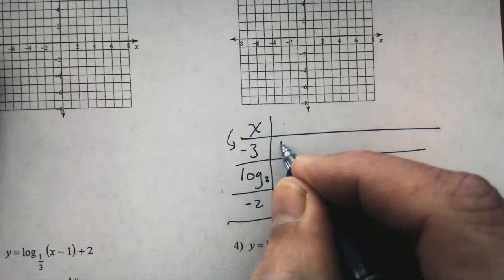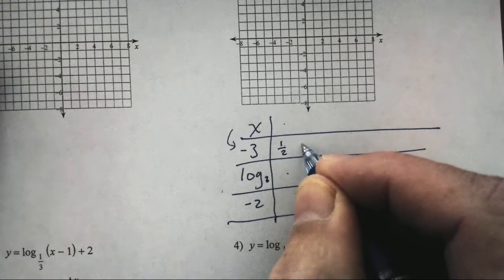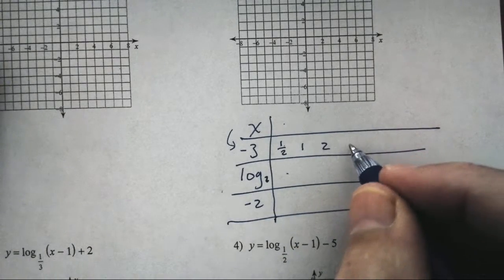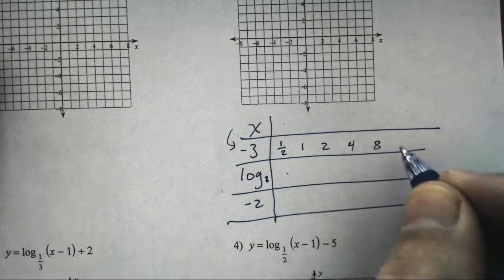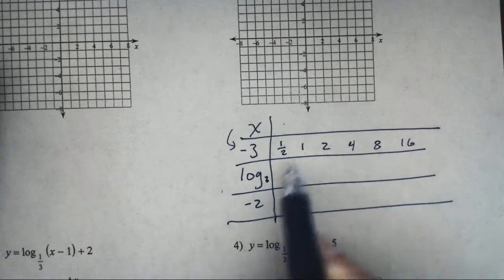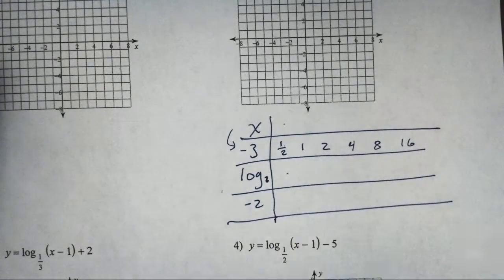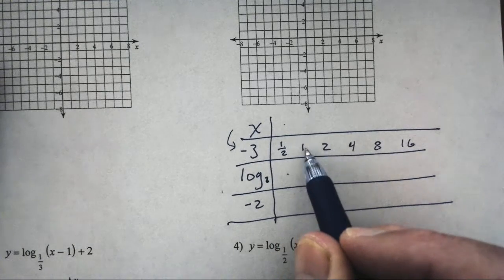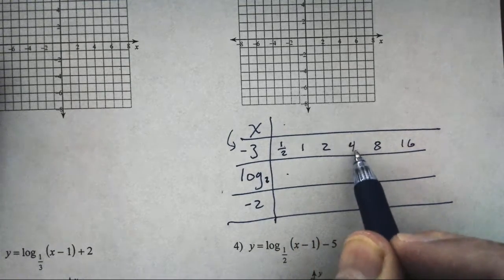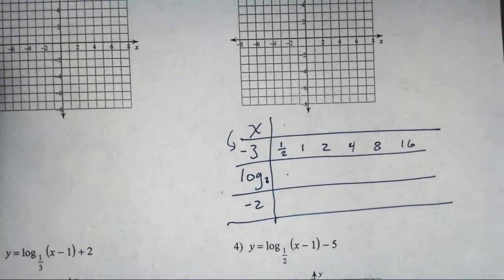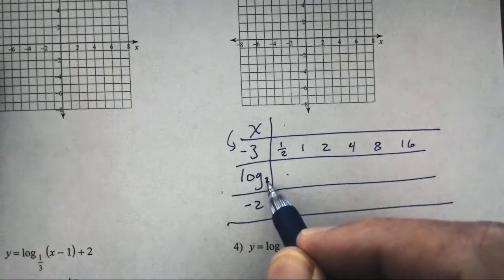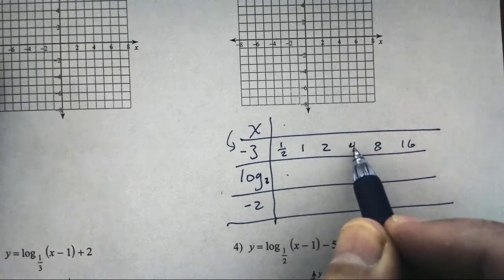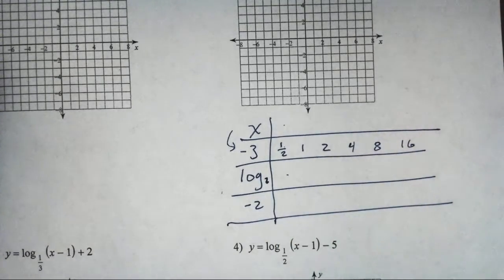I'm always going to use these values: 1/2, 1, 2, and then beyond that, I might use 4, 8, 16, etc. For instance, if this was log base 3, I would use 1/3, 1, 3, 9, 27. If it was log base 7, 1/7, 1, 7, 49, etc.